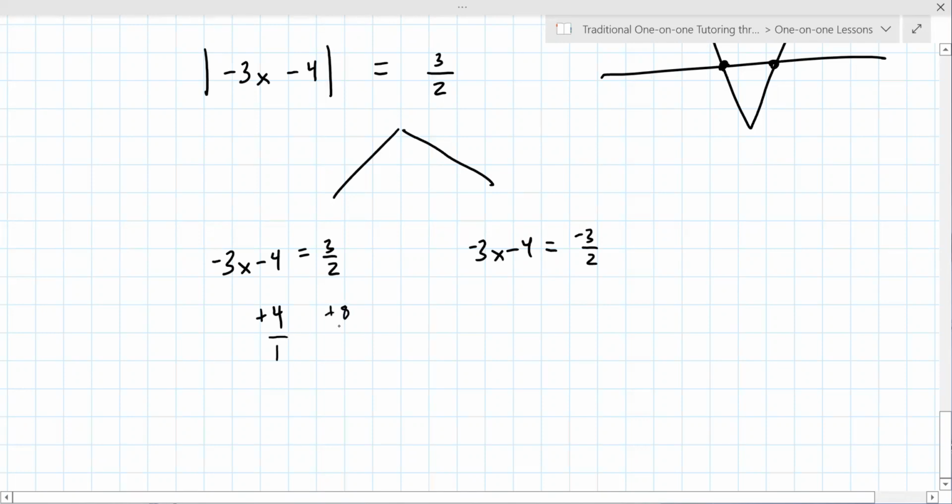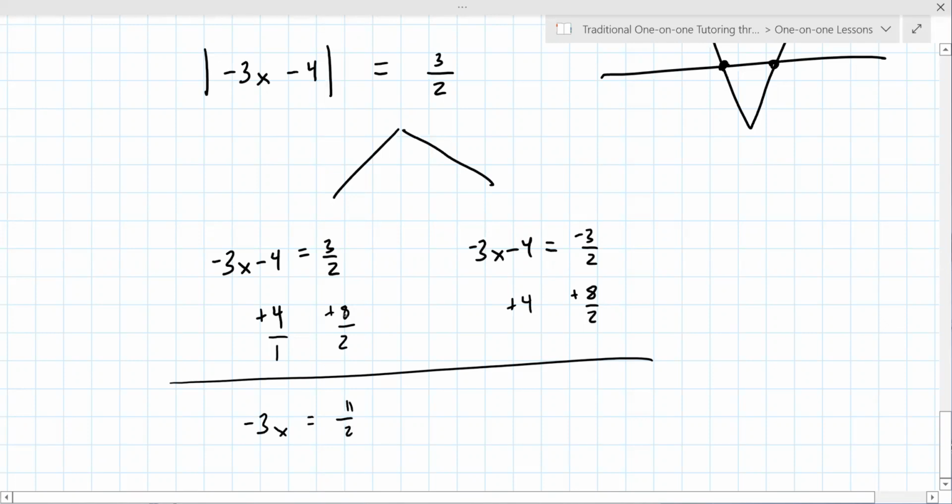So you're really adding 8/2 to both sides of the equation. That's an important skill here, to be able to quickly get that new fraction. So it's negative 3x equals 11/2. 3 plus 8 is 11. Negative 3x equals 5/2, like that.